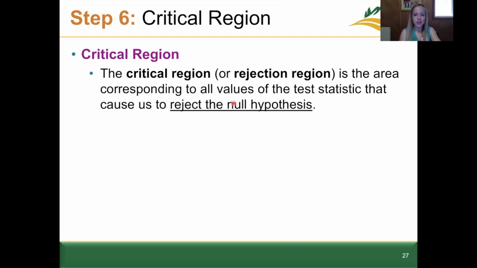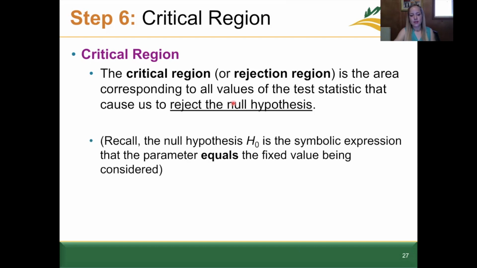Then the critical region, or in other words, the rejection region, is the area corresponding to all values of the test statistic that cause us to reject the null hypothesis that some certain value is true. Remember that in our case, for our drone example, our null hypothesis is that P is equal to 0.5.